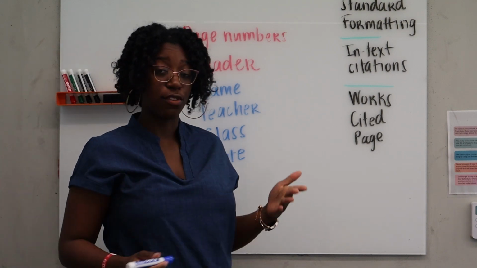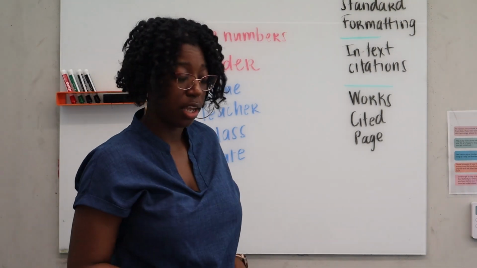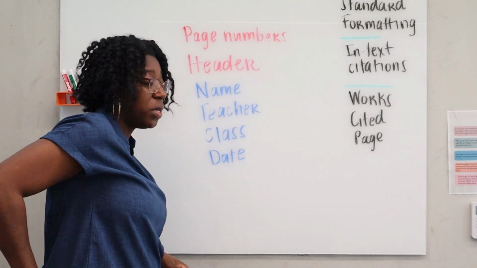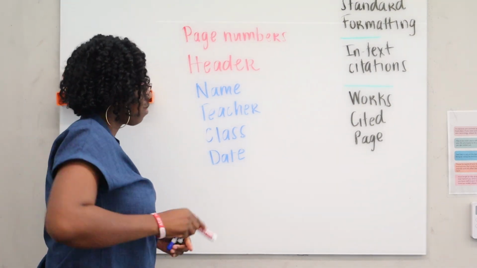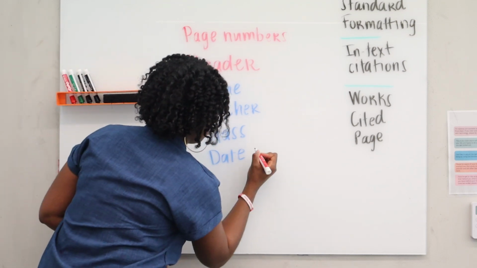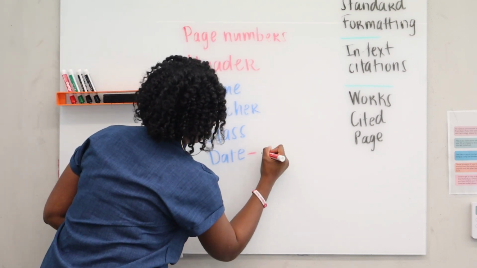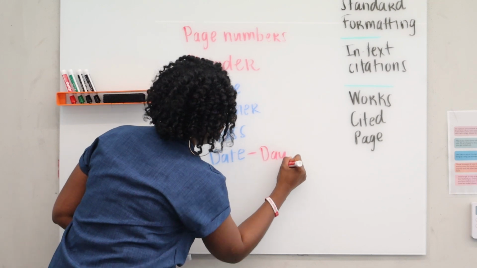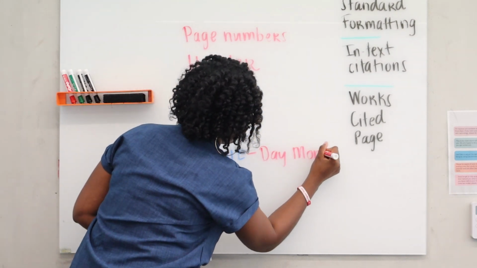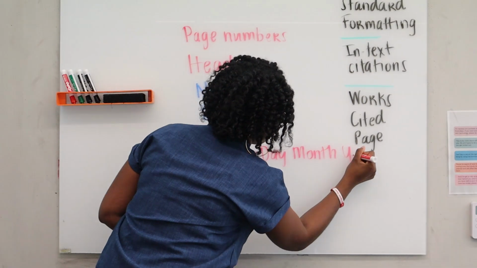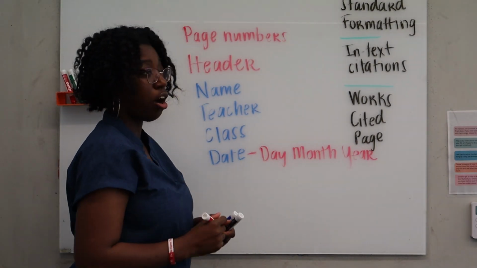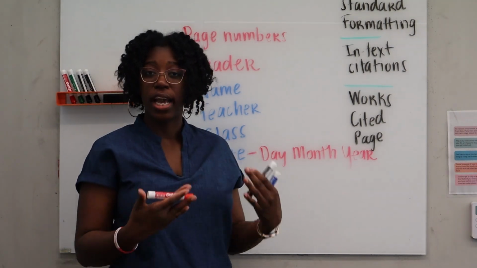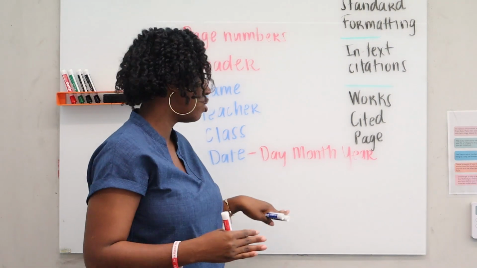Now, the date is formatted differently in MLA. It is going to be in day, month, year, okay? There are no periods, there are no dashes, no commas, nothing between that.